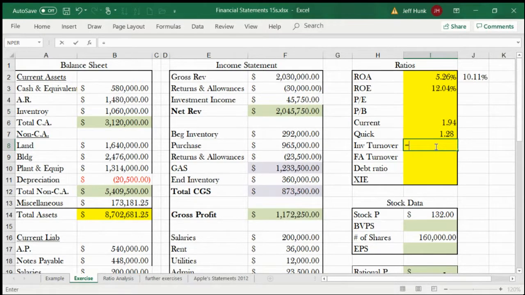In other words, CGS over the average inventory, which is beginning inventory plus ending inventory, divided by 2. So we will use the preferred method, which is, where's the CGS? Here's the CGS over beginning inventory plus ending inventory, right? Divided by 2.